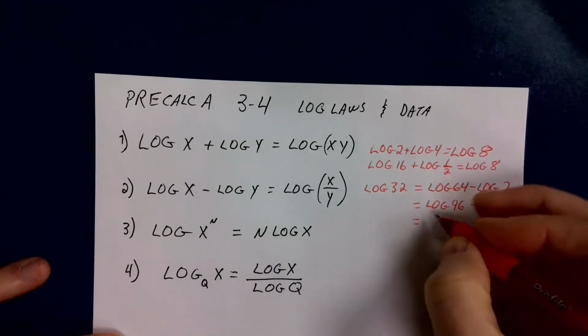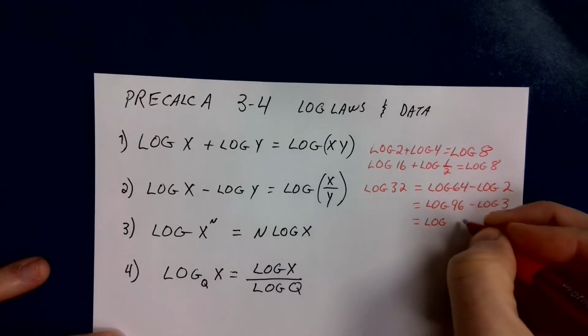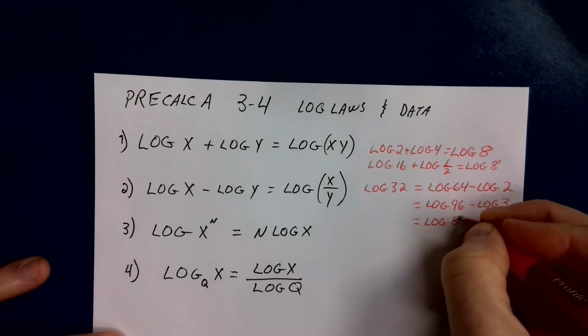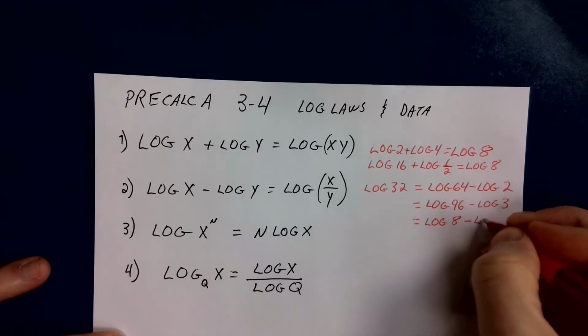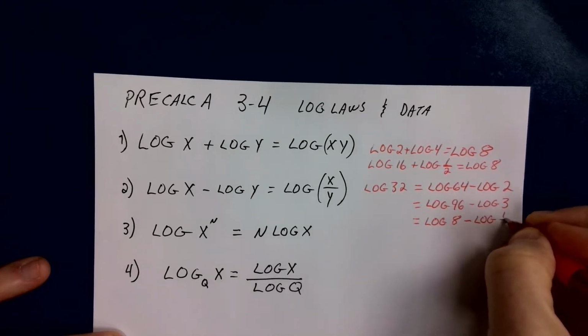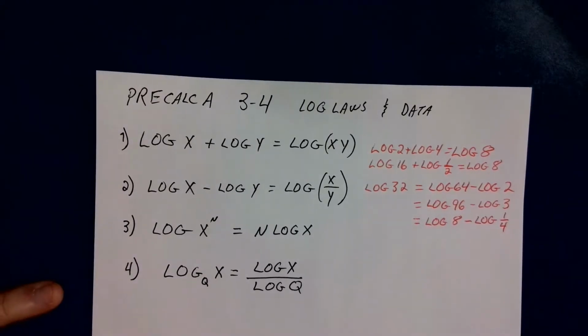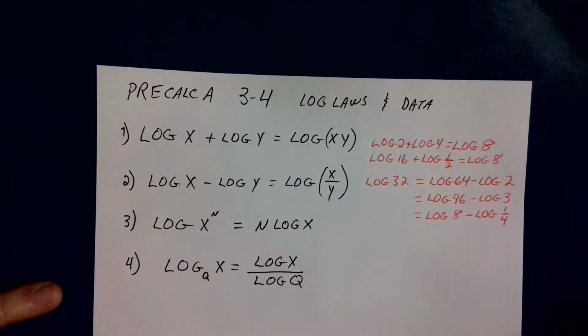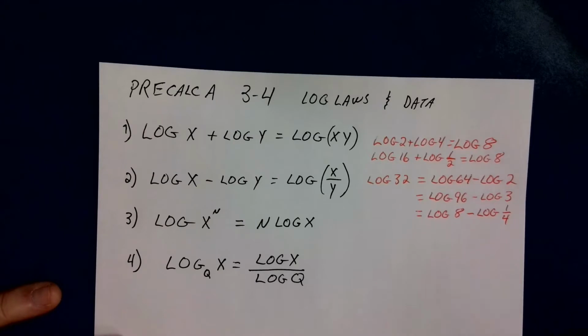Or if I wanted to get fancier here, I could do it as the log of 8 minus the log of 1/4, because 8 divided by 1/4 is 32. Again, not divided by 4, right? That of course would be 2, but 8 divided by 1/4. So how many quarters go into 8 whole things?